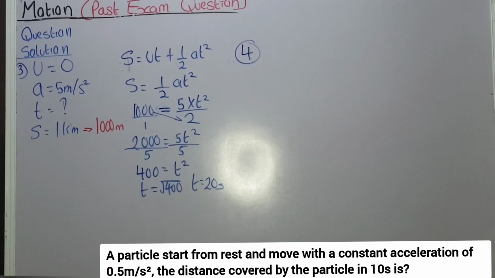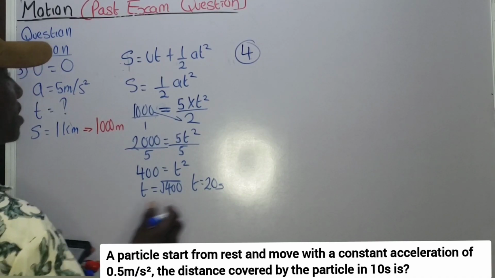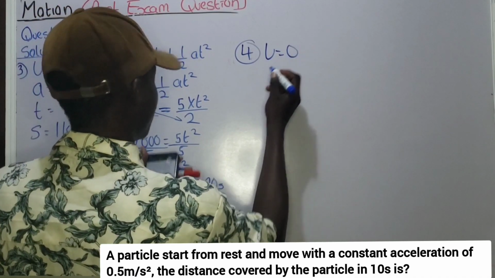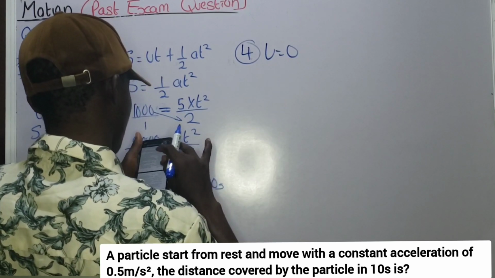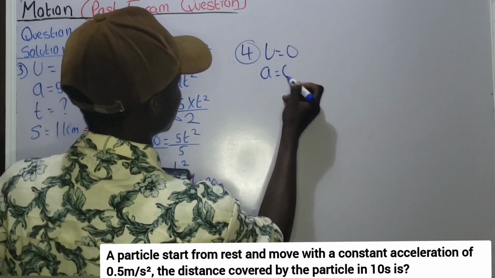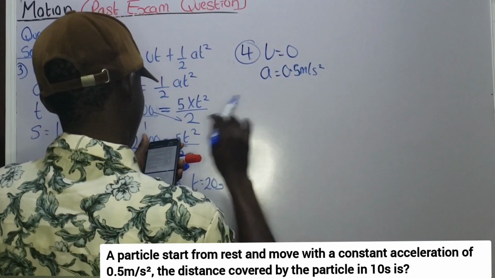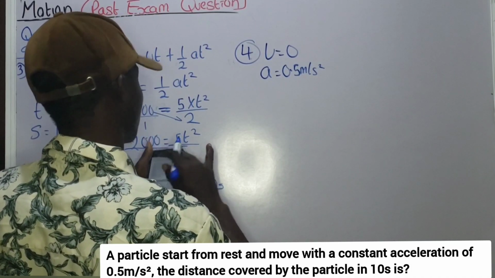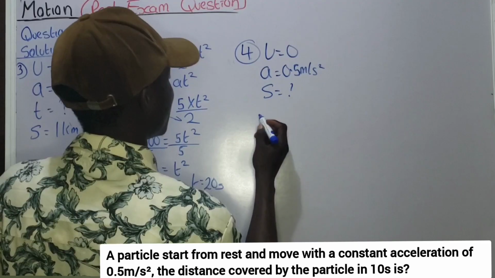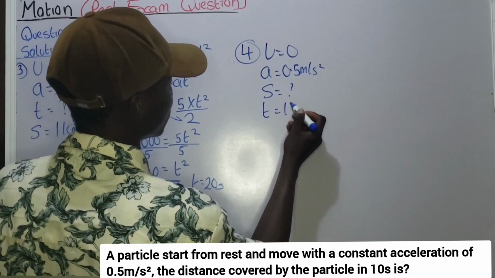We are given that the particle starts from rest, so u will be equal to 0. Acceleration is 0.5 meter per second squared. The distance covered by the particle in 10 seconds: s is what we are looking for, and the time is 10 seconds.